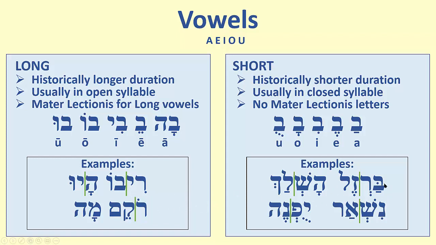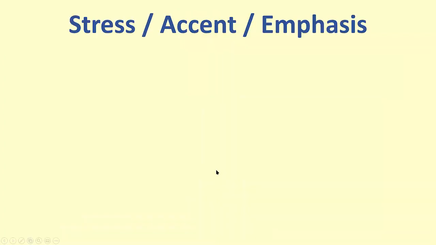You can see which are closed syllables and which ones are the short vowels and closed syllables, and how the long vowels typically show up in open syllables. But there are some exceptions, like I talked about yufne, and you might have noticed this one down here, rokem. So long vowels don't always show up in open syllables. They usually do. We'll talk about that in just a second.